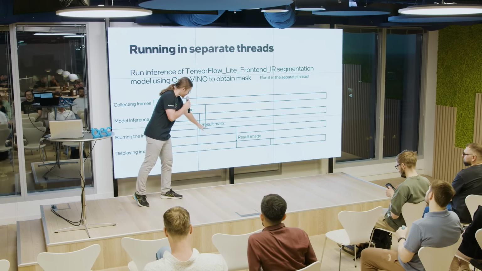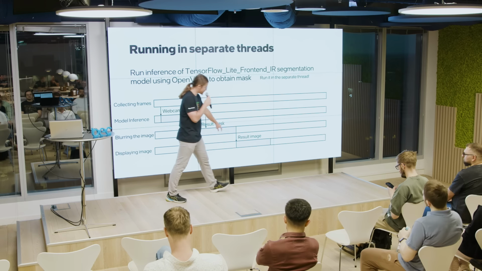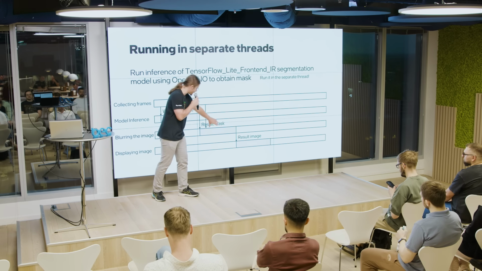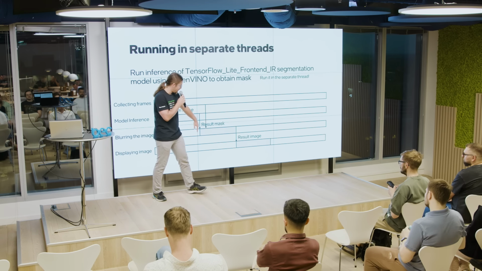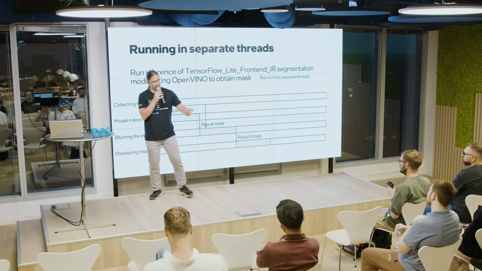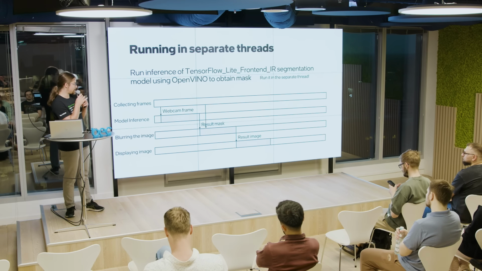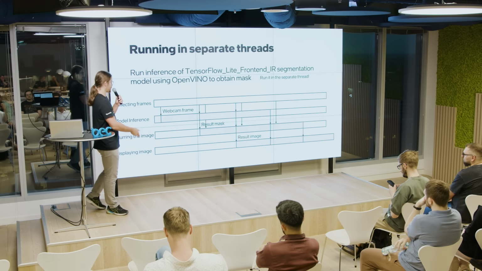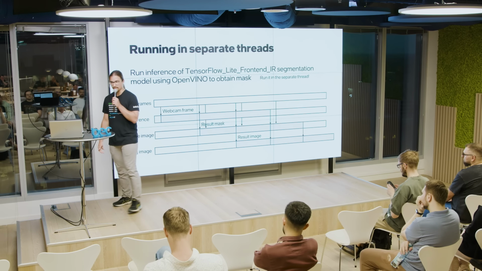This thing here results in that the image that user sees is not delayed by blurring and inference, but only by blurring. So only this process delays the frame and provokes the lag. Inference does not. So we run it in a loop, and this is how it is done.